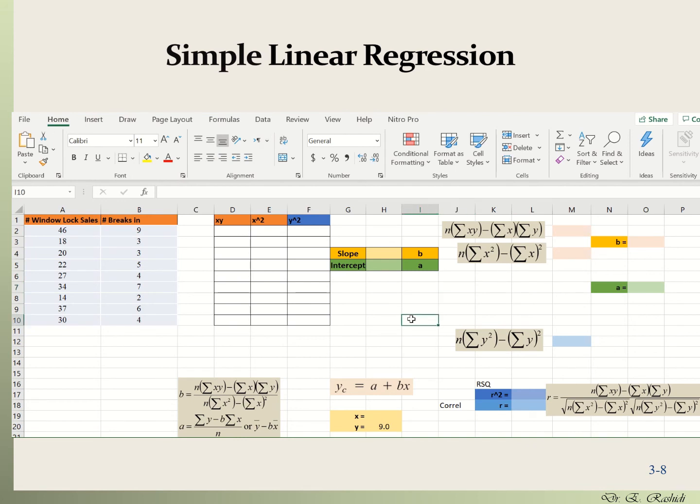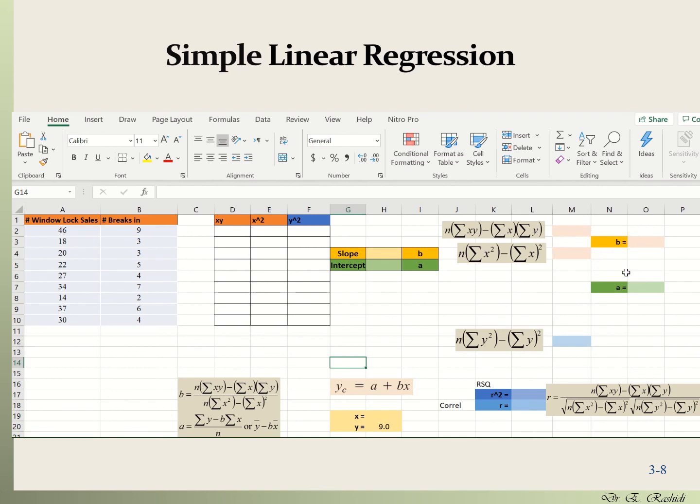So what we need to do is figure out the components of a linear regression line, the slope B and the intercept A. You could use this formula in a painful computation way. I have already broken this down into two parts, the numerator and denominator here.